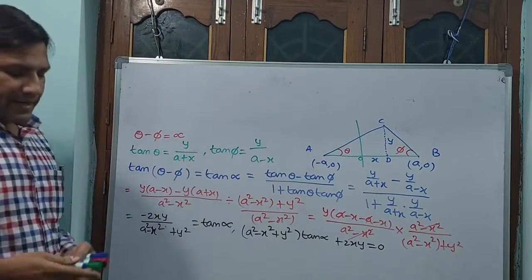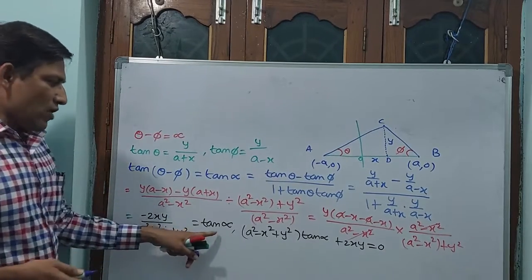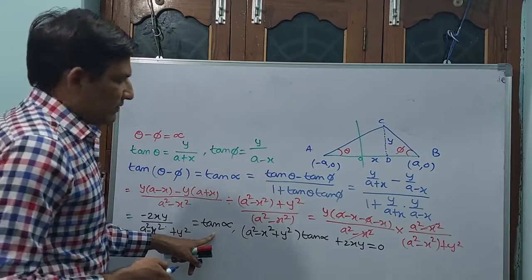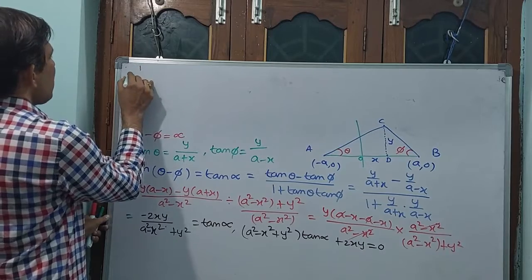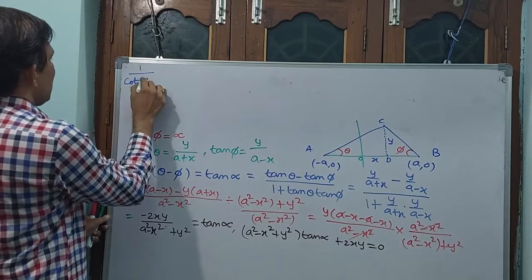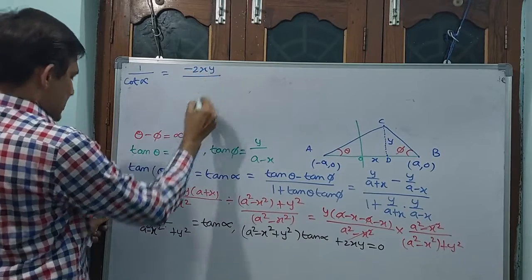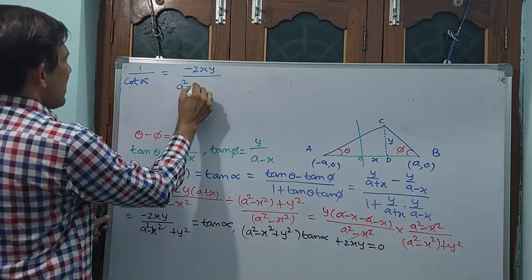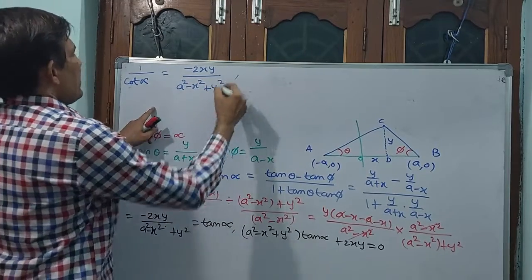Based on your answer in your question examination, you have to change the answer. Now I am changing this as 1 by cot alpha. Tan theta is 1 by cot theta. Write down: 1 by cot alpha is equal to minus 2xy divided by a square minus x square plus y square. Now you cross multiply.